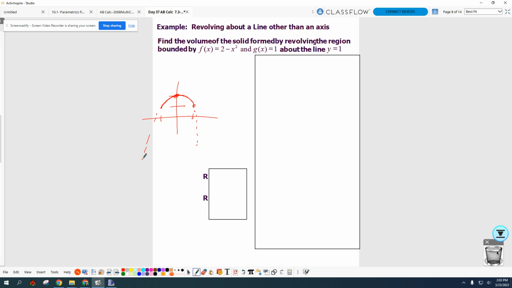A line with a slope of 1. Oh, wait, no. I mean, yeah, there you go. So it says take those two curves and we're going to spin it around y equals 1. So this is like the rotisserie, spinning there.